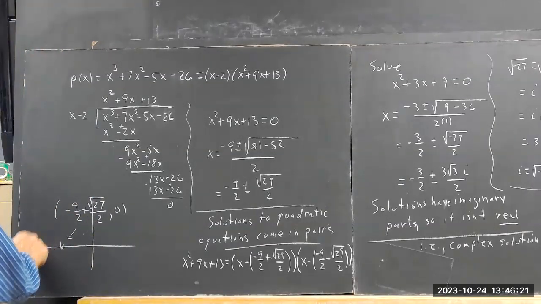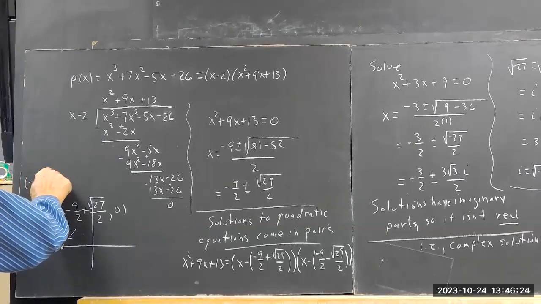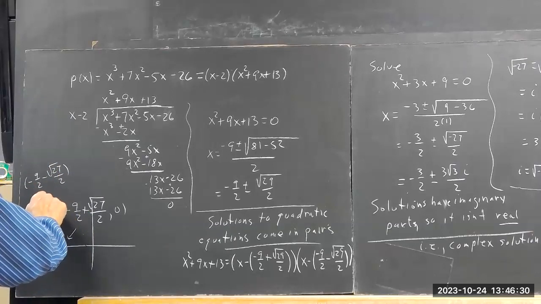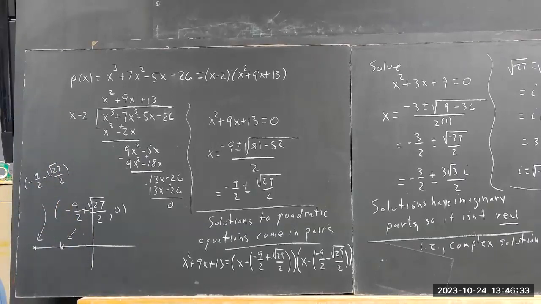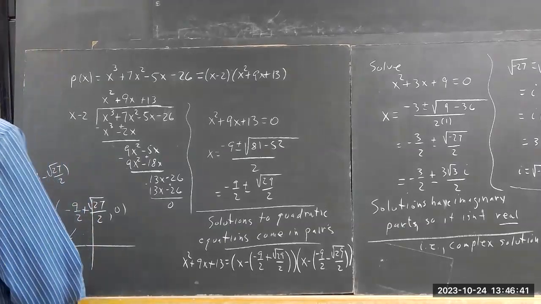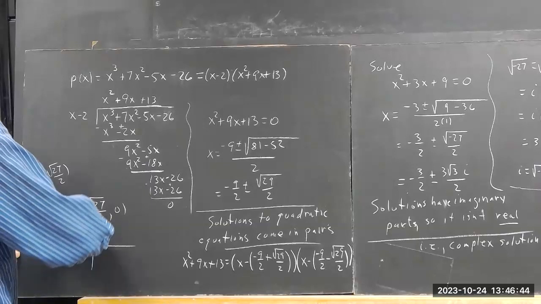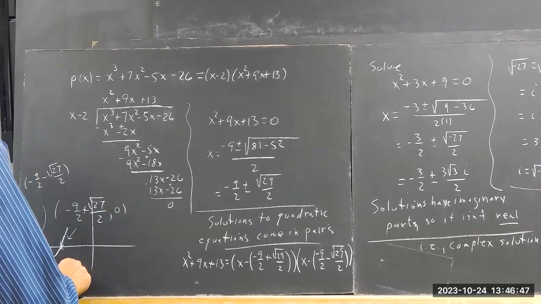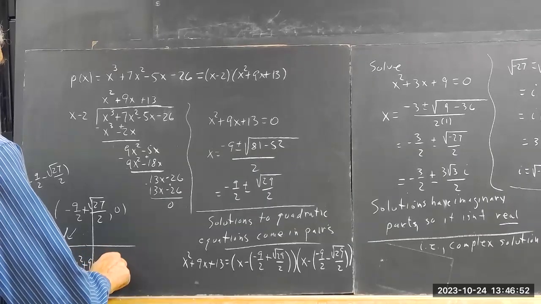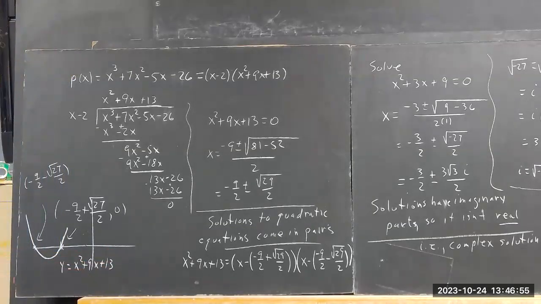And the other is -9/2 minus the square root of 27/2. So the graph of this polynomial x squared plus 9x plus 13 looks like this, with a 0 here and a 0 here.